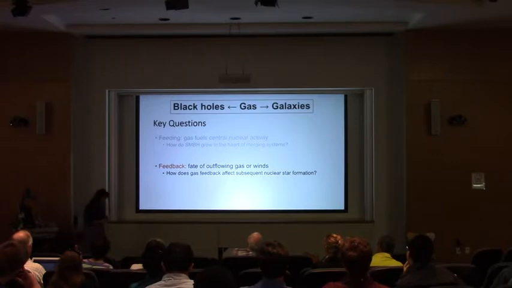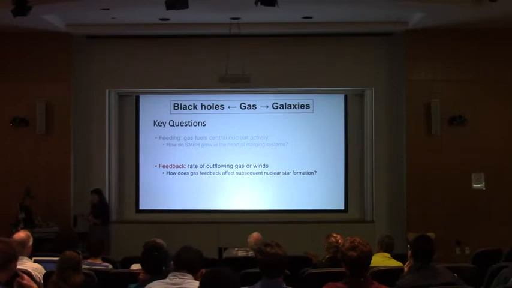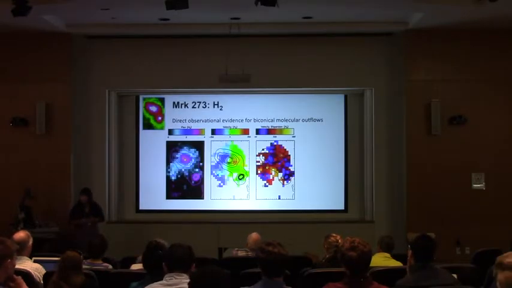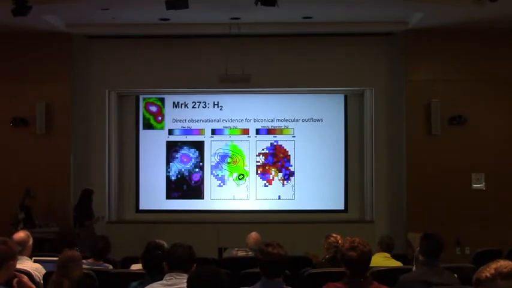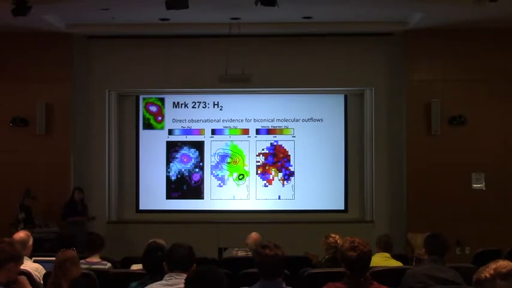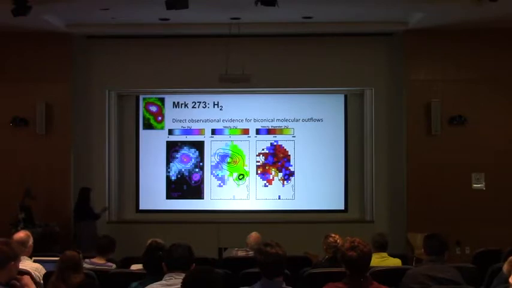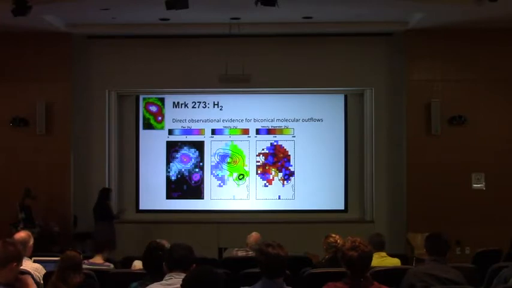But let me then switch gears a little bit and think about feedback and how this gas actually ends up and how it would subsequently affect star formation. So going back to Makani 273, here is what the data looks like when I pull out a slice corresponding to molecular hydrogen. Here again is the flux map for molecular hydrogen. This time you can see that it's concentrated in the northern part with a bridge to that southeast clump that I showed you earlier. And we see a similar rotation pattern in the velocity map.